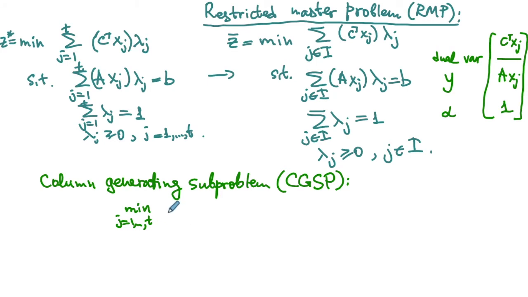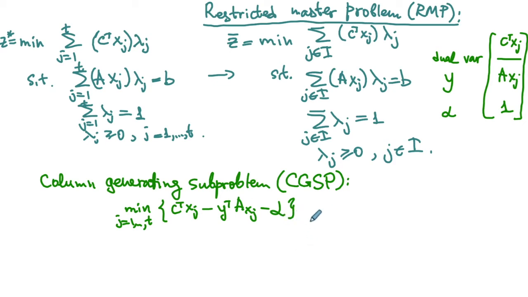So we obtain minimize c transposed x_j minus y transposed multiplied by A times x_j, and then minus alpha times 1, which is just alpha. So we need to find the smallest of these t reduced cost values, meaning that we need to find the extreme point of the set X. Recall that x_j's are the extreme points of our set X that minimizes this objective right here.